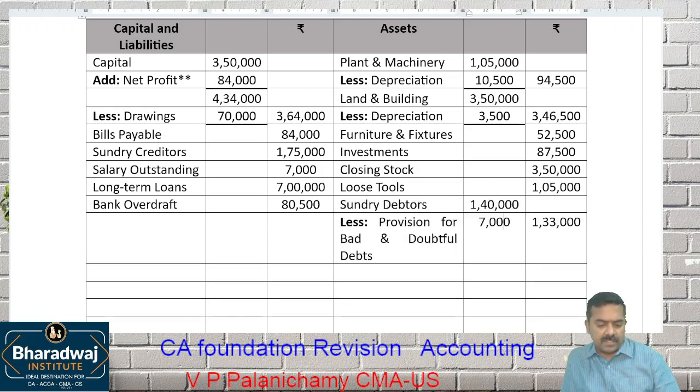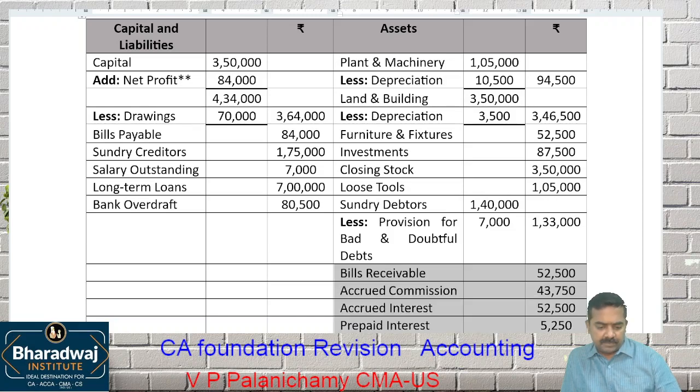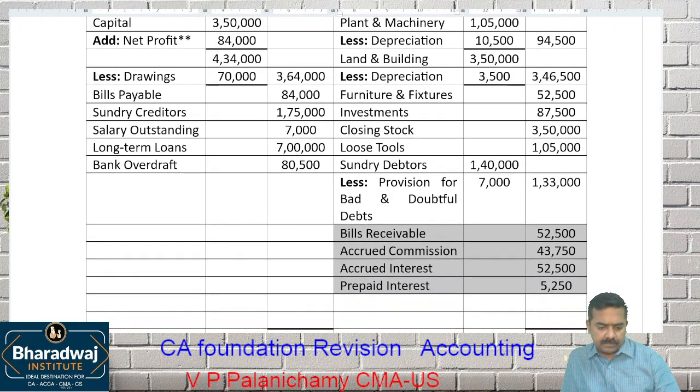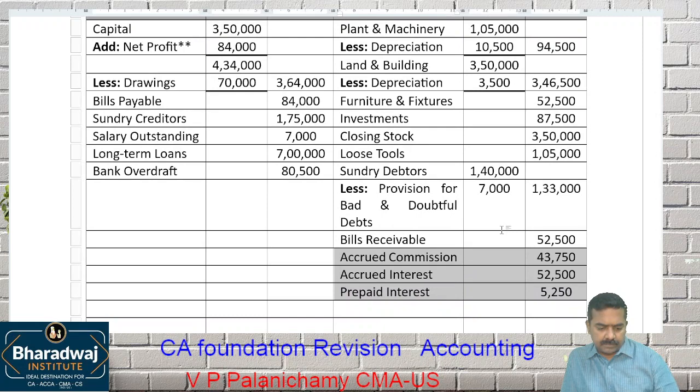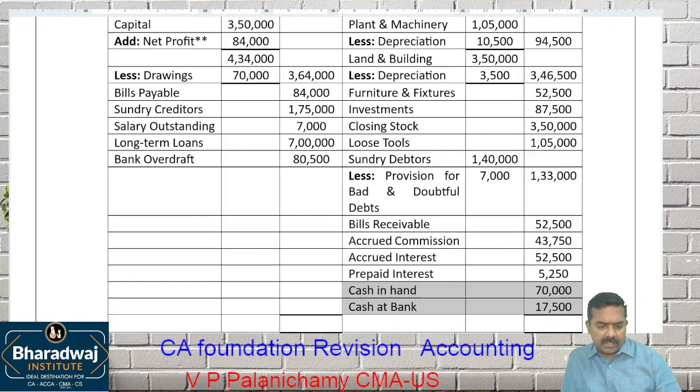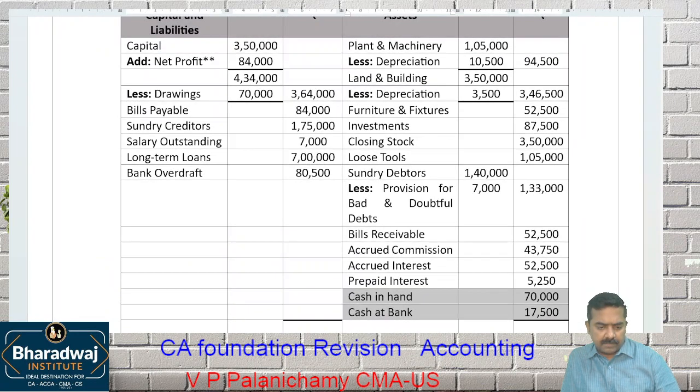Debtors minus provision, all your prepaid interest, then all your accrued commissions, both expenses paid in advance as well as incomes receivable, that will come. Bank balance, cash balance.